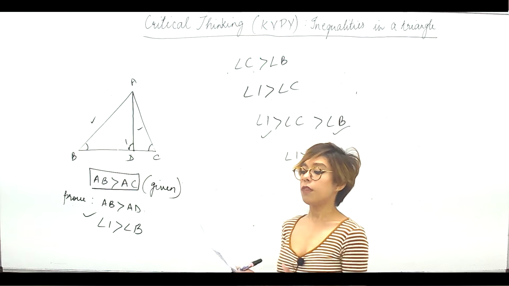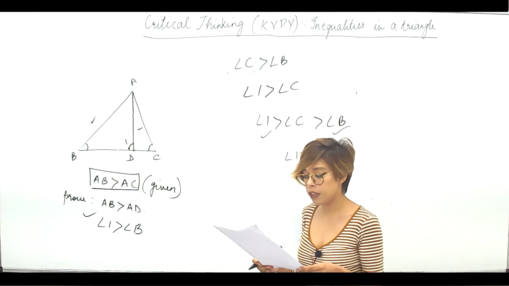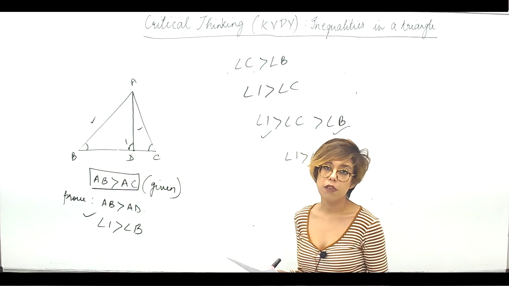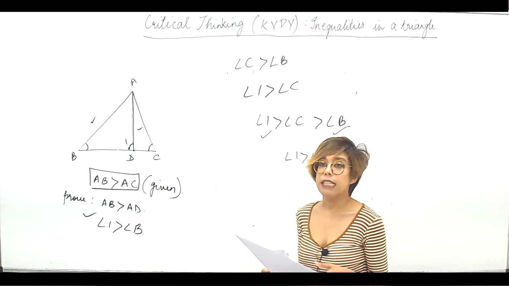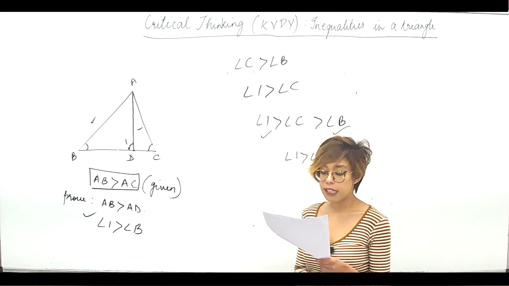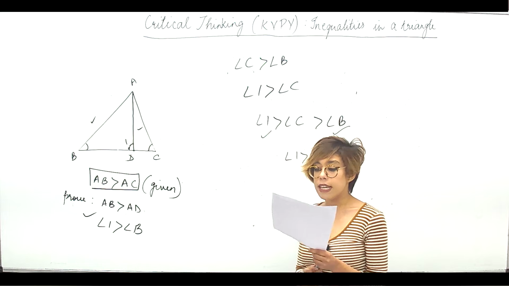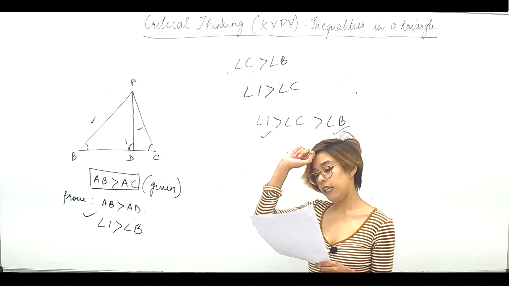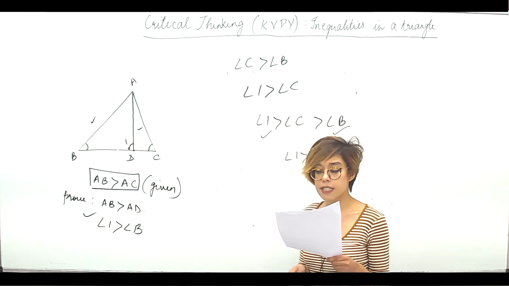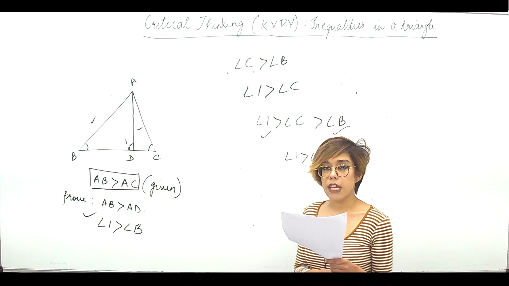Alright, for the next one. Write down. Come on, write down. AB and CD are respectively the smallest and the longest sides of a quadrilateral ABCD.